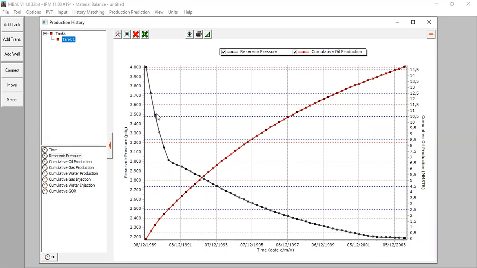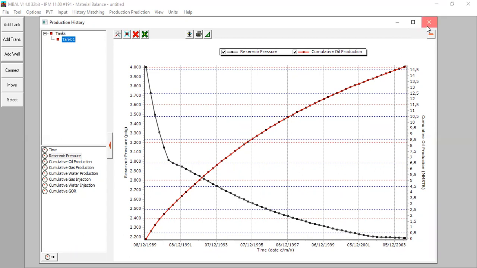Here we have high decline rate of pressure, and here we have mild or moderate pressure decline. And what happened? We need to investigate that by this material balance simulation.